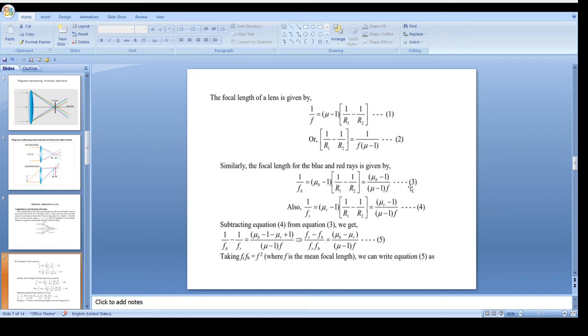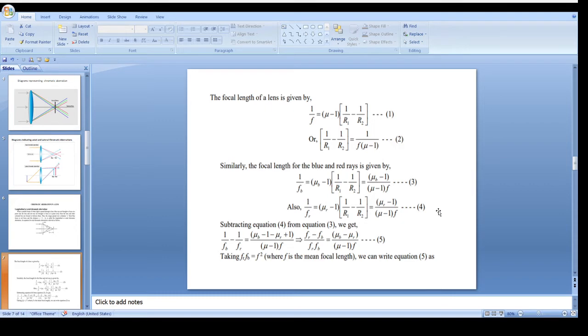This is the third equation. Similarly, the focal length of the lens in red color: 1 divided by Fr equals (mu r minus 1) [1 divided by r1 minus 1 divided by r2], which equals (mu r minus 1) divided by (mu minus 1) f. This is the fourth equation, for blue and red color.